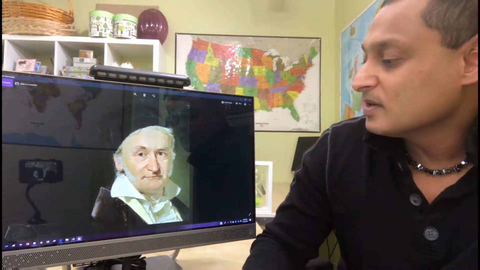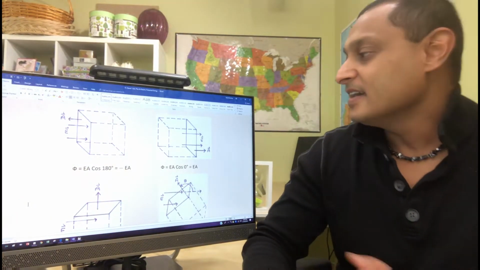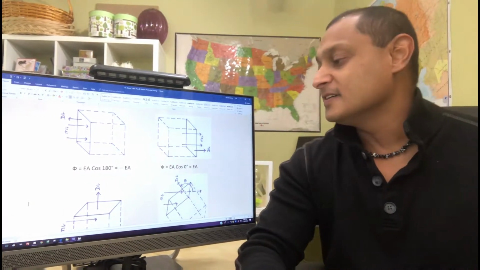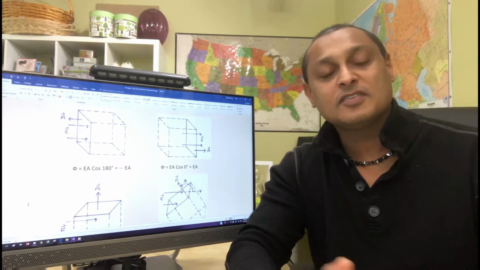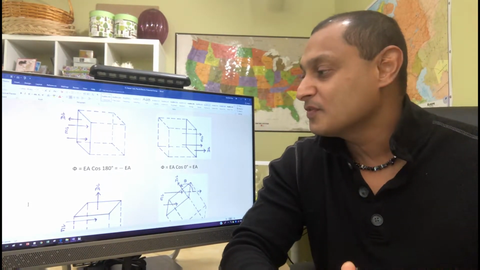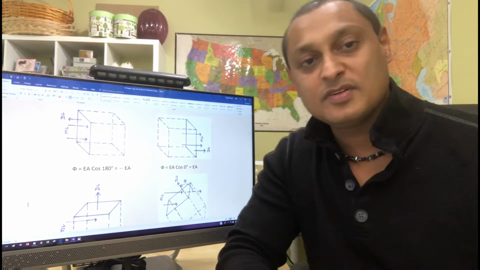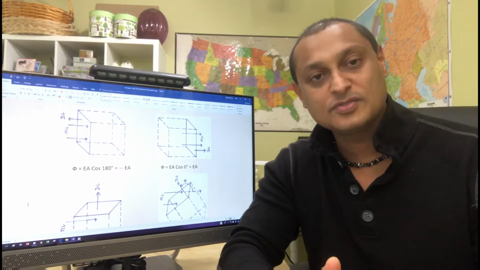Now, if we were to pull up this chapter, the idea is to use the symmetrical nature of a charged object to determine what the electric field is going to be. These are objects with three-dimensional structures to them.